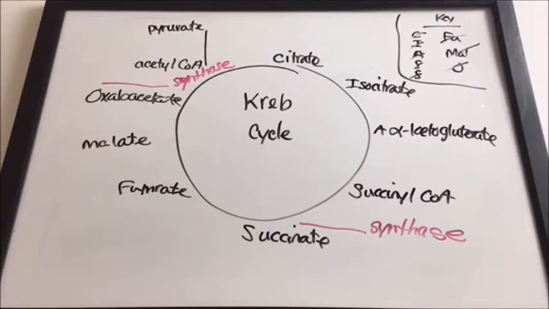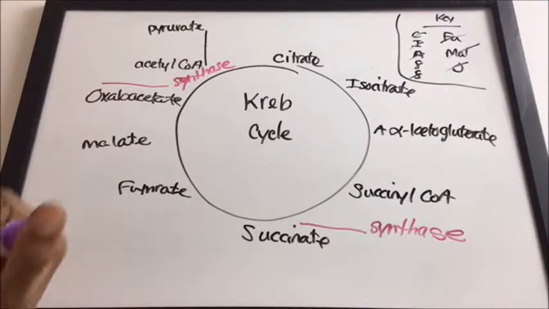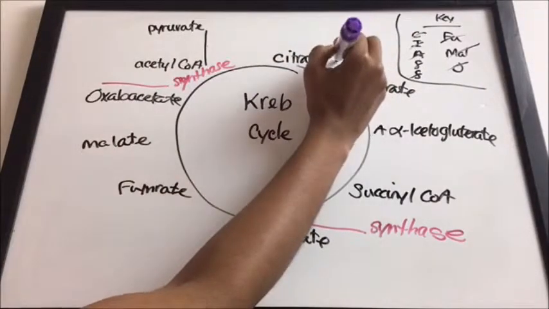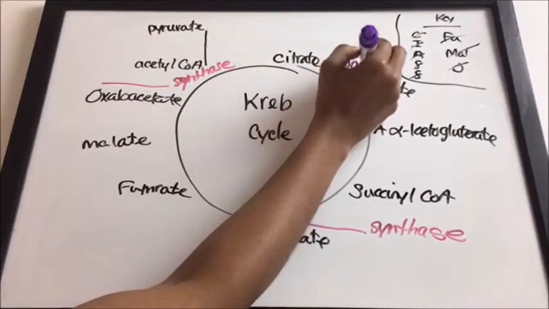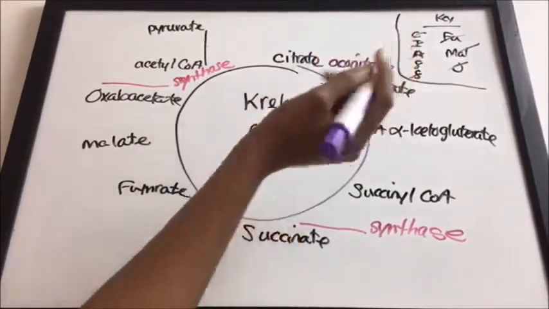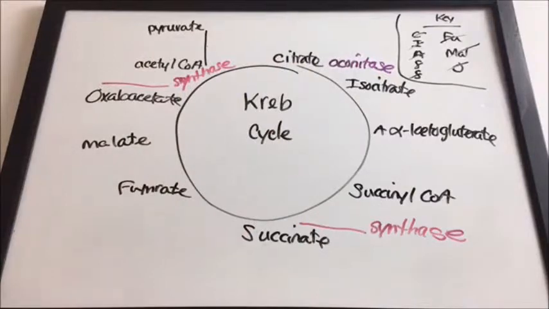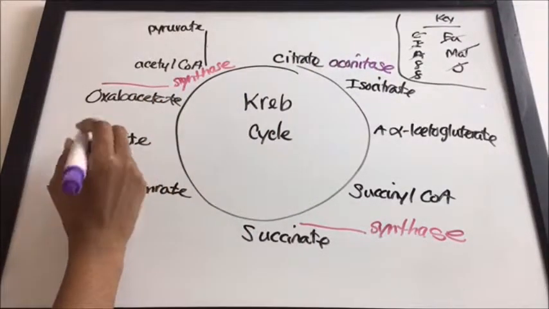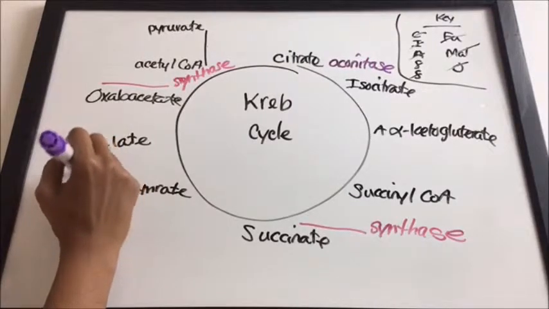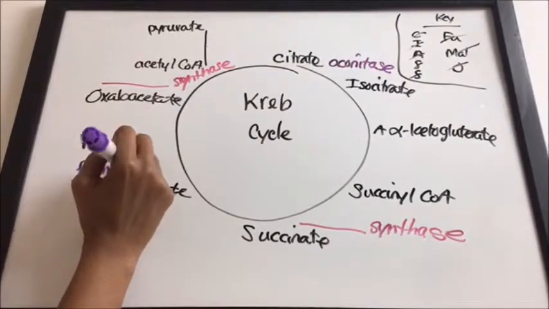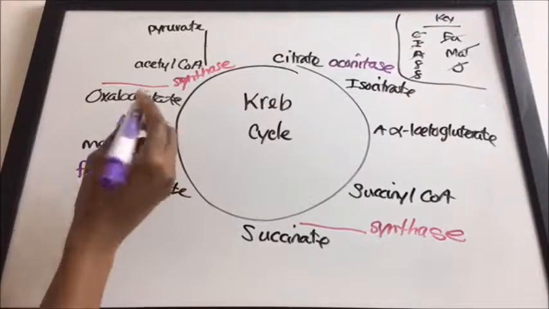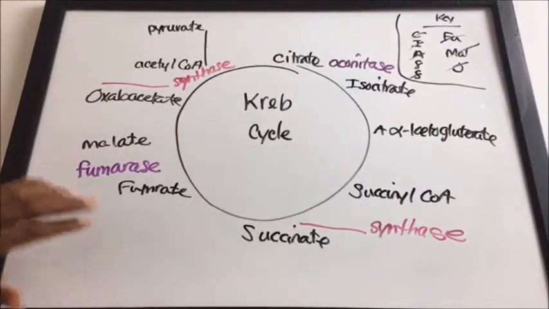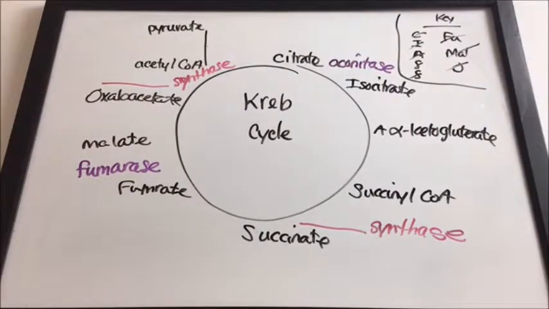Our next enzyme is aconitase, and aconitase is between citrate and isocitrate. And then our next enzyme is fumarase, and that's between fumarate and malate. So remember all of these.